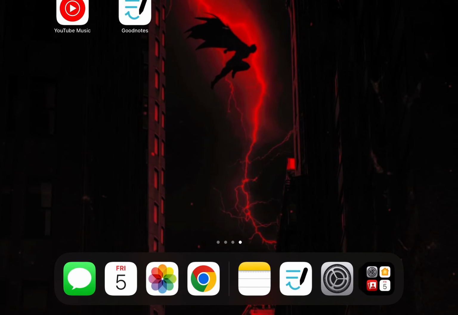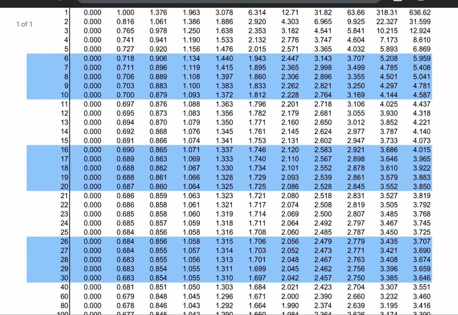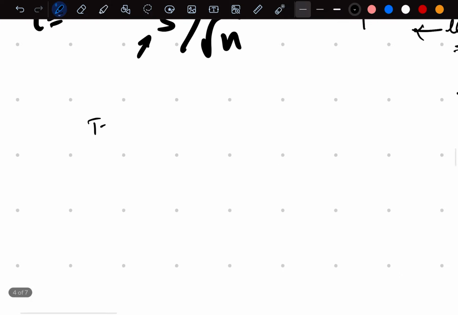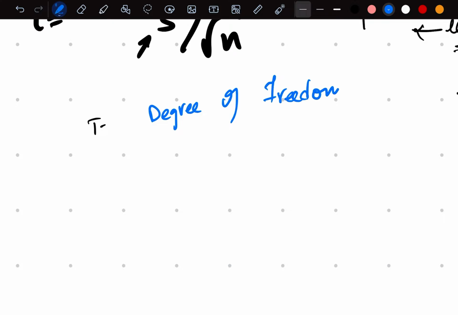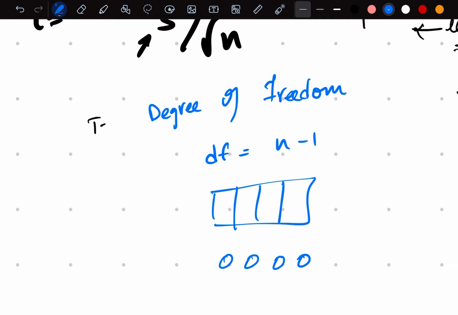So I'll just tell you how to calculate. And there's something called a degree of freedom too. Degree of freedom is nothing but the number of samples minus one. For instance, let's say you have four positions to fill with four guys.